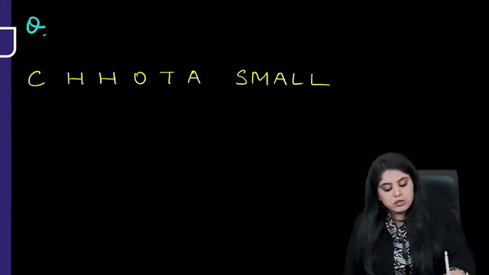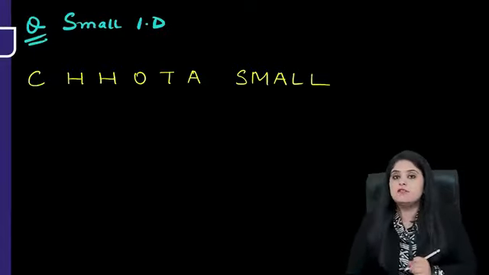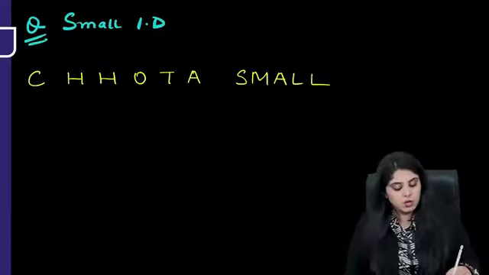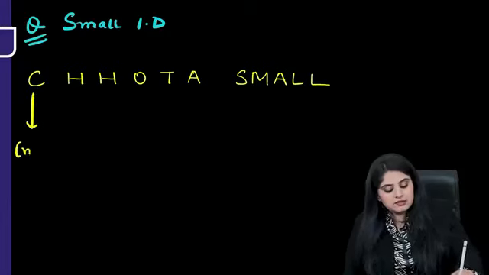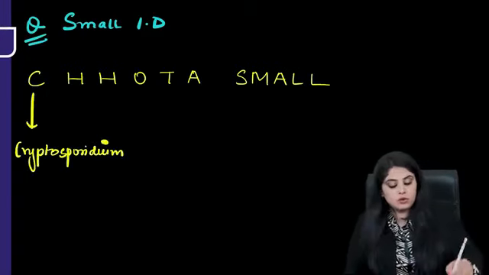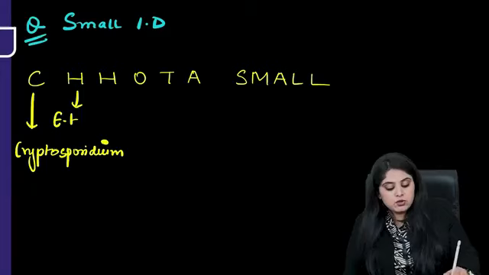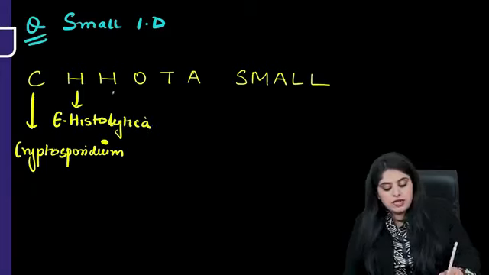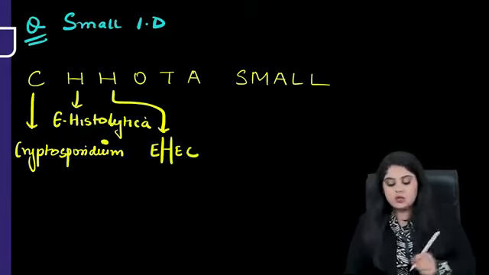So if they ask you question number 1, mnemonic number 1, which are the organisms that have a small infectivity dose? Your answer is chota small. So let's quickly make a list. C stands for Cryptosporidium. This list I'm telling you for everything from parasites to bacteria to all. H is what I'm talking about over here, Entamoeba histolytica. The last H that I'm talking about over here is enterohemorrhagic E. coli.